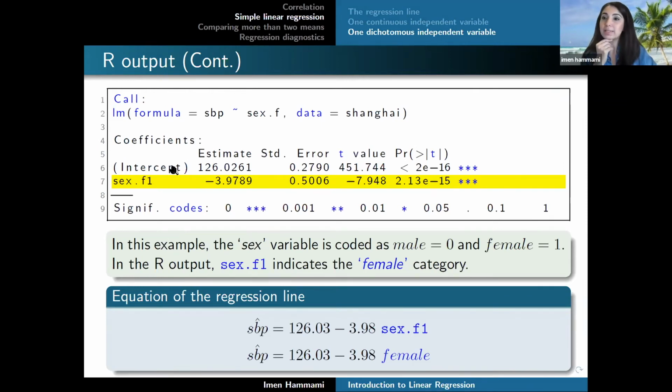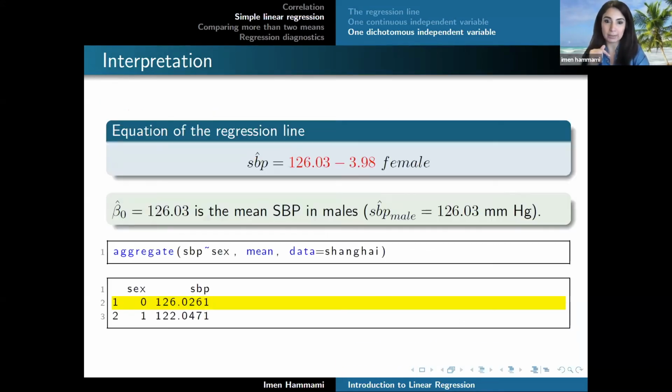So now the intercept, it will always be the mean in the reference group. So the intercept that is shown here is the mean in the reference group. And in order to show you that, I have calculated the means here. This is unrelated to linear regression. I just tabulated the means in males and females. And the 126 millimeter of mercury happens to be the mean in the males, in the 0 coded people.